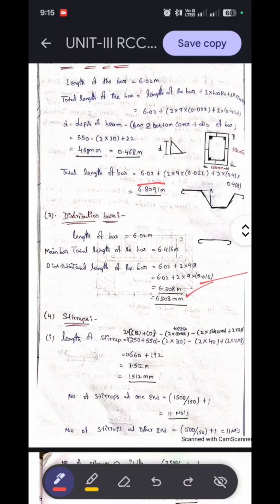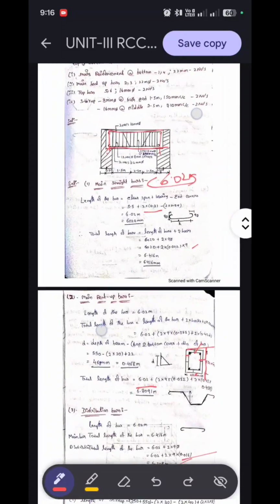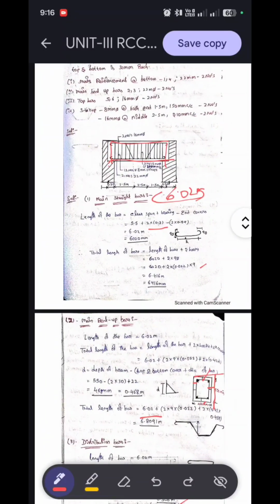The width of the beam is 250 and depth is 550, so 250 plus 550 minus 2 into 30 cover top and bottom, minus 2 into 40 side covers, plus 2 into 12 into the dia of the stirrup, which is given as 8 mm.